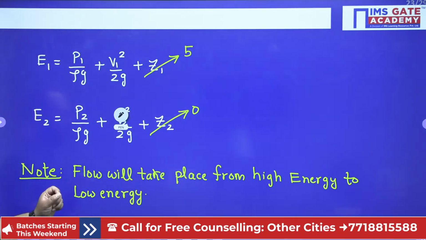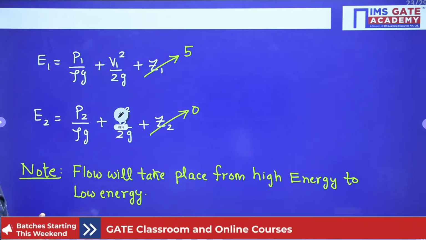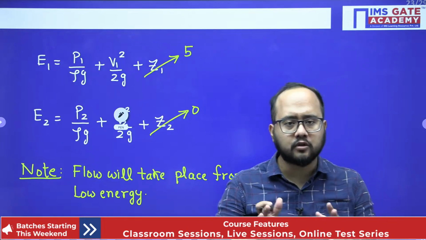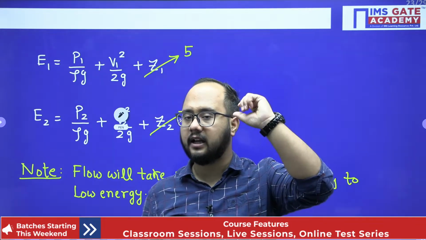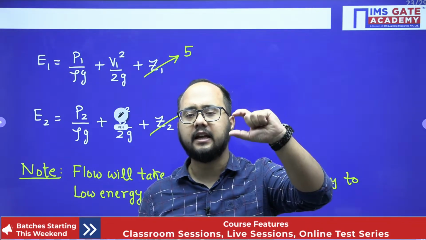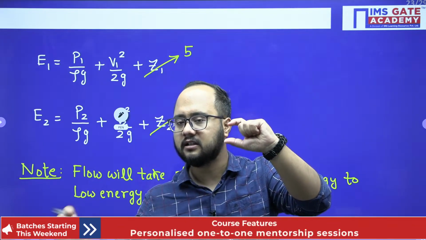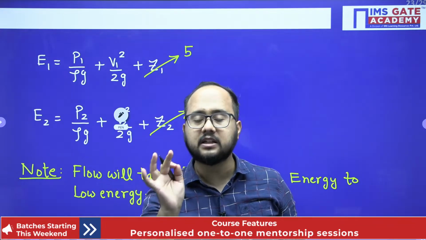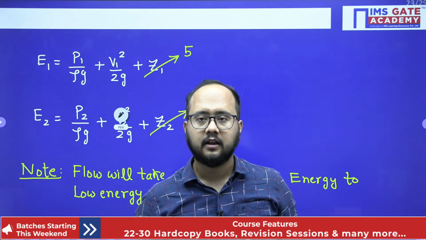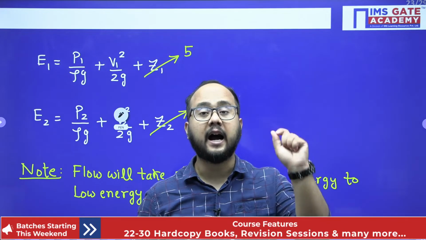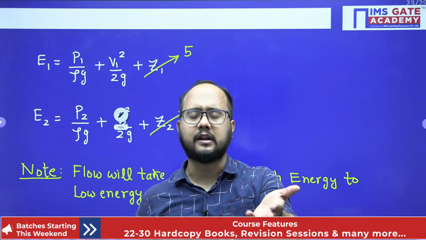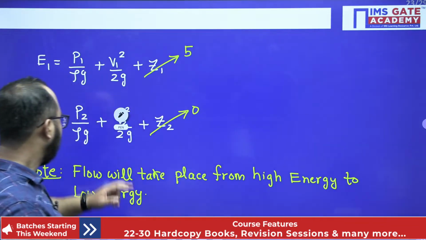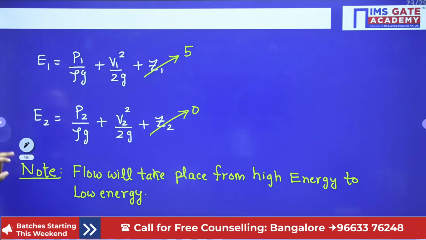Flow will take place from high energy to low energy. Simple. Like we say high pressure to low pressure, but in general we should say energy, whenever at any section energy is high and at some section energy is low. So from high to low, flow will be there. Always remember this point. In nature, flow will be from high potential to low potential. Instead of potential, you can say energy also. Simple. Right. So I hope this point is clear to everyone.